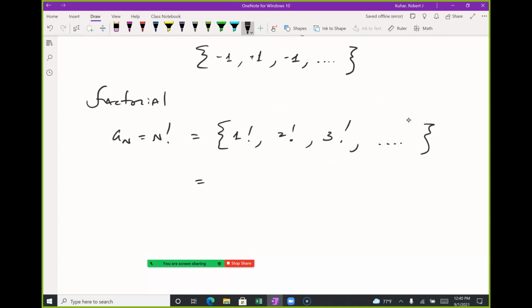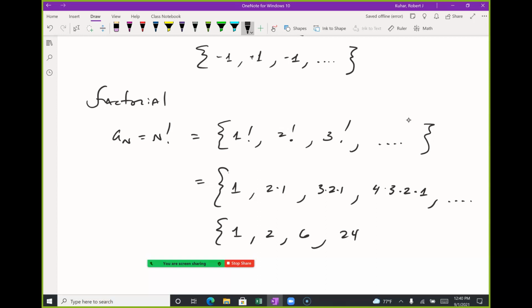And that turns out to be 1, 2 times 1, 3 times 2 times 1, 4 times 3 times 2 times 1, right, etc. So I can see I get 1, 2, 6, 24, dot, dot, dot.